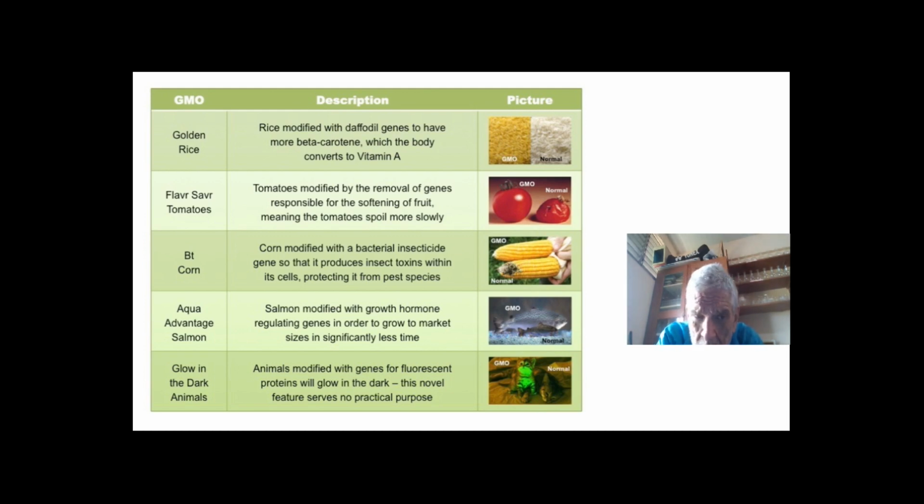Tomatoes have a longer shelf life. Or BT corn, corn with an insecticide in it. And you can see the GMO is a lot healthier than the normal corn. And you can have aqua advantage salmon, glow in the dark animals.